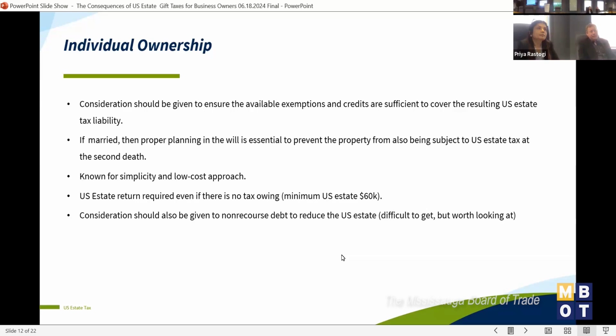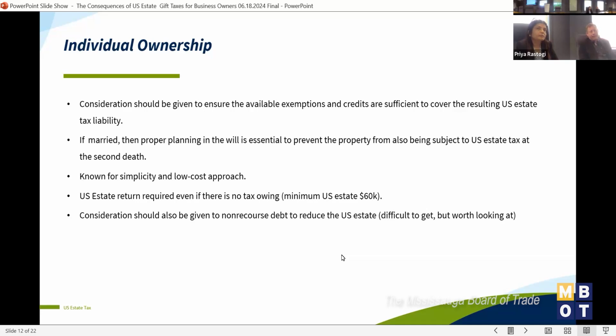The last item is the non-recourse debt. What you're trying to do there is have debt that applies only to the US situs assets. So if you had $1 million there and a $500,000 loan that was only applicable to the real estate, your estate could be reduced by the debt.